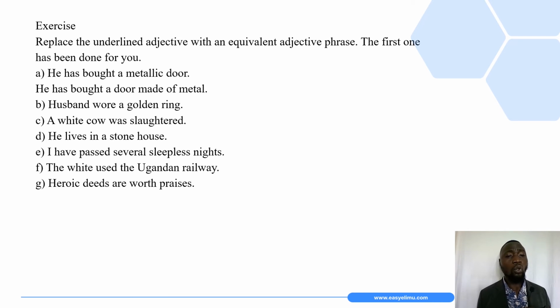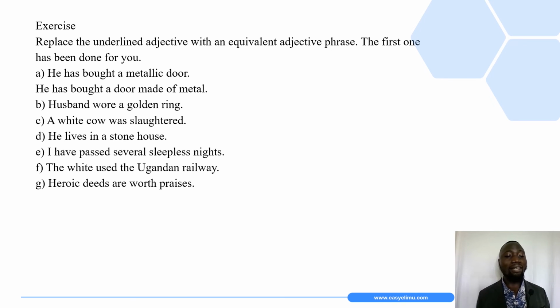The response is, he has bought a door made of metal. Then the next sentence: her husband wore a golden ring. If we replace the underlined adjective with an equivalent adjective phrase, the response reads, her husband wore a ring made of gold.